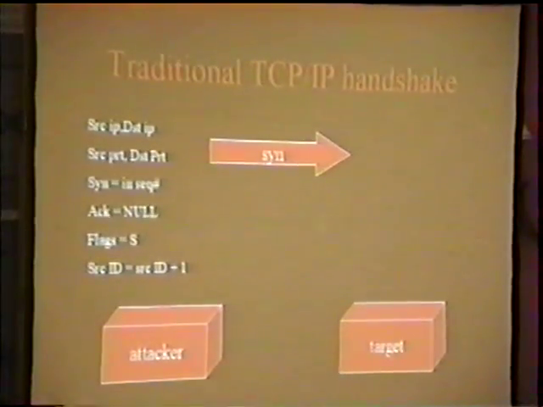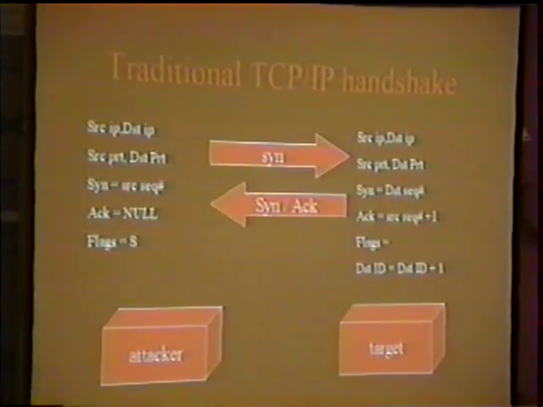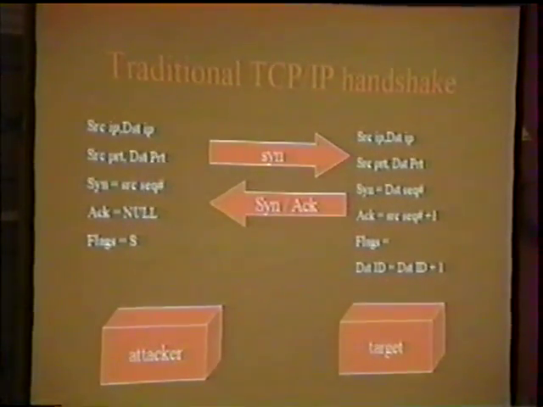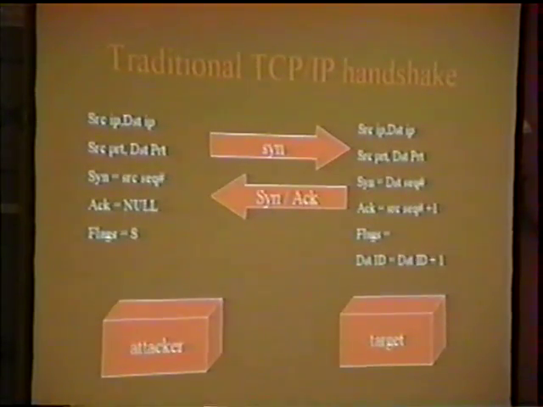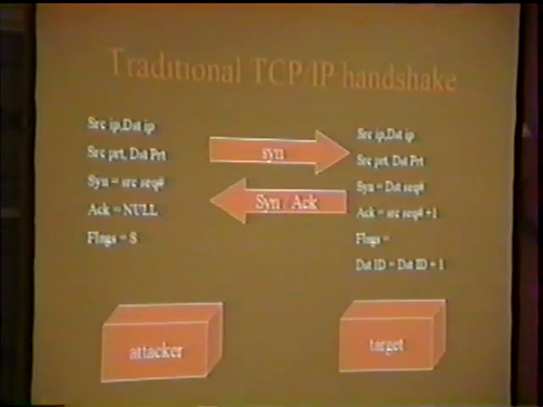each time it sends a packet, this is the important stuff, the source ID is incremented. This is, let's say, a Windows 95 box. Then we will increment the ID flag by 1. The target then will send its SYN-ACK back, and it will also increment its ID counter by 1 to be able to keep track of the different streams.